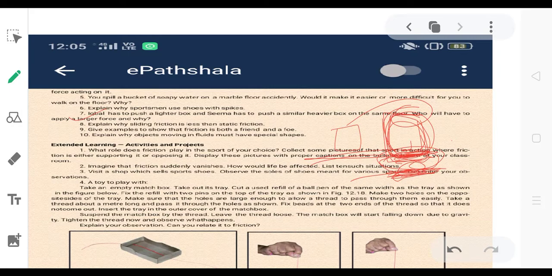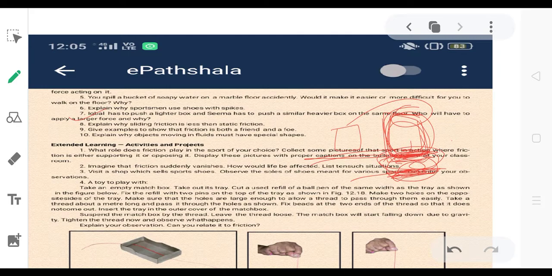So what do you do to overcome the interlocking? Seema will have to push the box more. Seema has to apply a larger force. The interlocking is strong as compared to the lighter box.